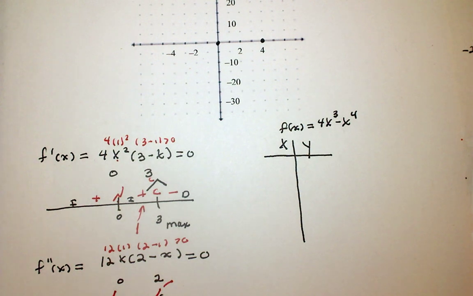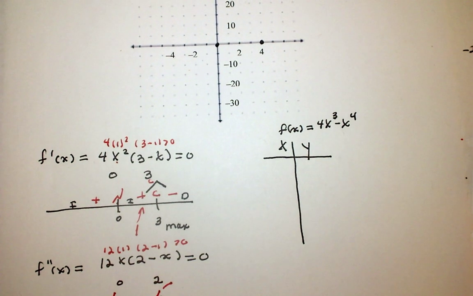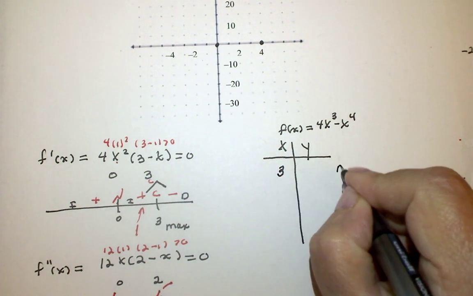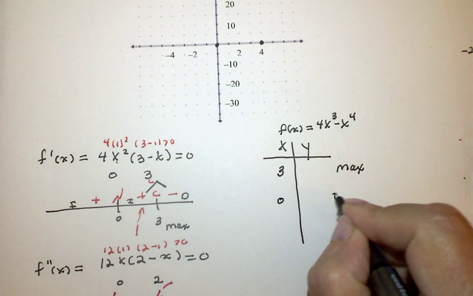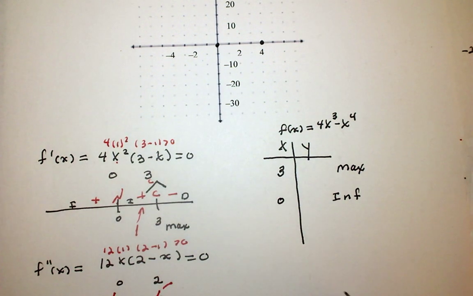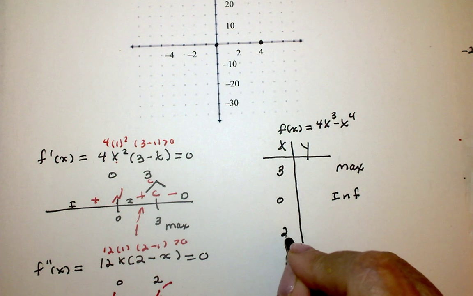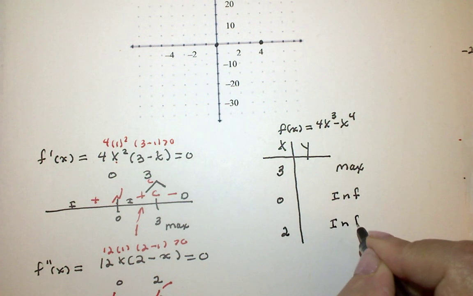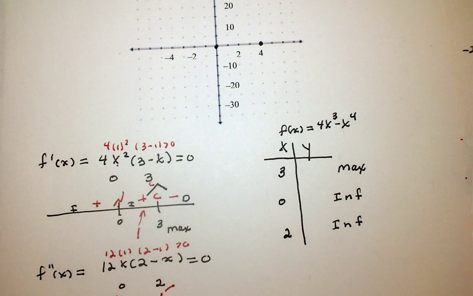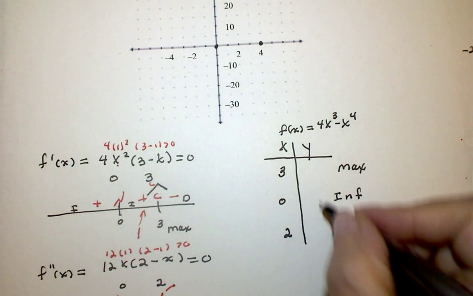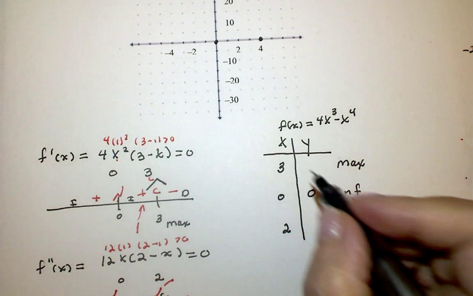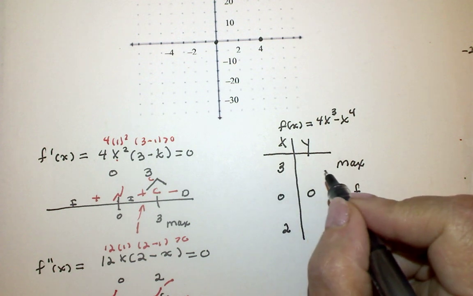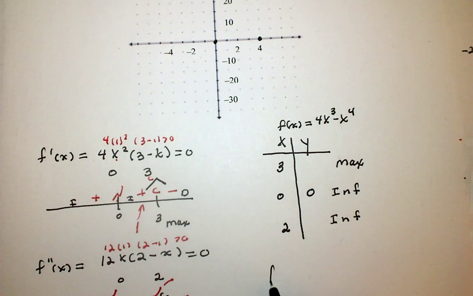Now, information that I have: at 3, I have a maximum. At 0, I have an inflection point. And at 2, I have an inflection point. And now I just need to calculate out the values. Well, 0 is easy. That's (0, 0). And then as I look at 3, what is f of 3?